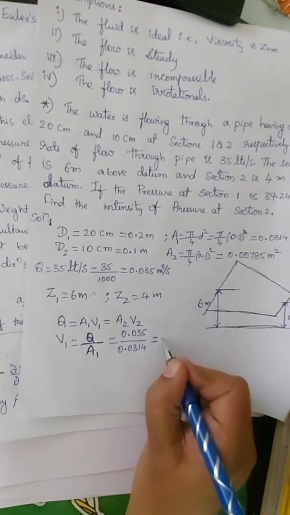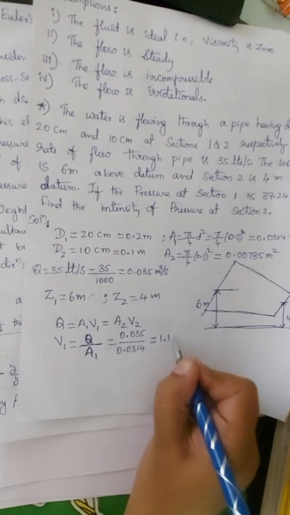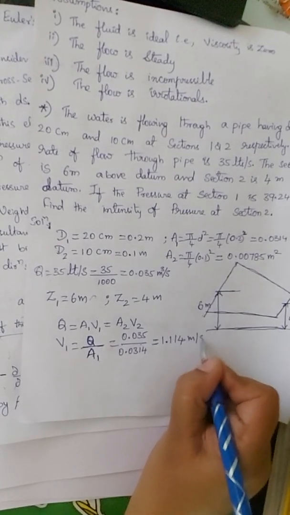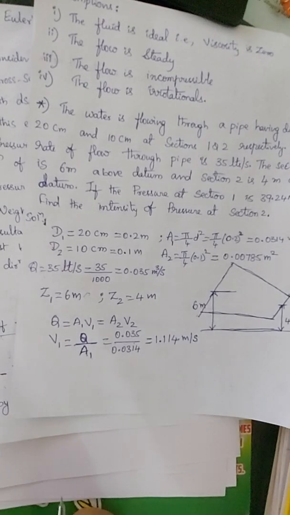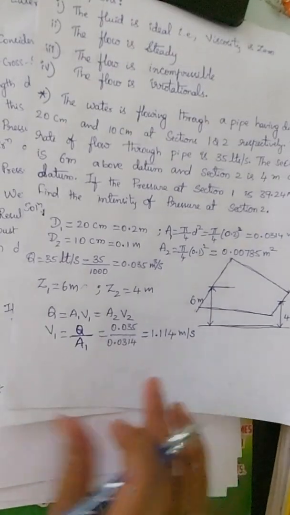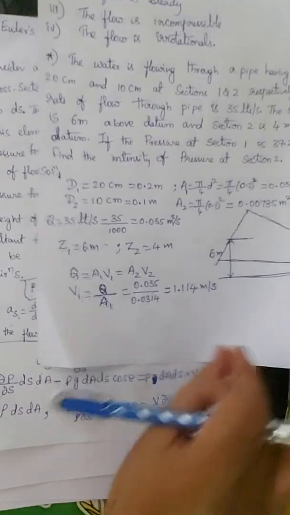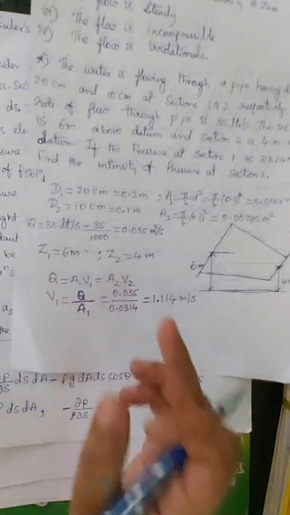So what is V1 here? If we do some maths here, 1.114 meters per second. The same way we will calculate V2 also. We can follow the same method, or you can even take A1 V1 is equal to A2 V2.